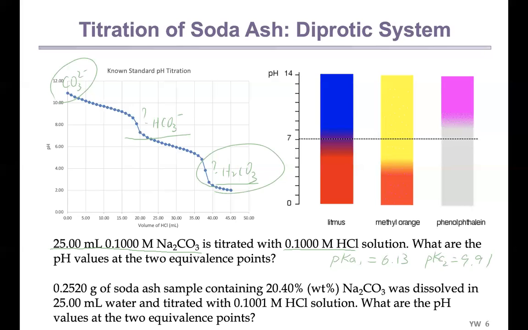Now, we are actually looking at the diprotic system, right? Can you still remember how we calculate pH for a diprotic system? We divide them into 3 categories, right? All right.